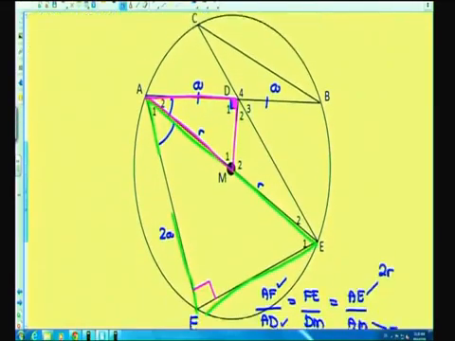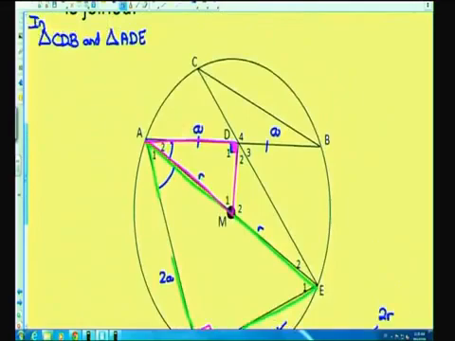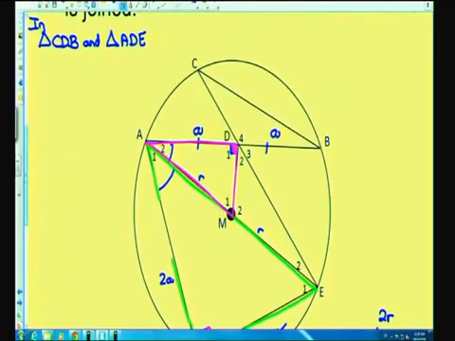So let's go and see if we need to highlight in any way. I think we probably do. So let's use some spotty highlights. CDE, CDB. CDB is this guy here. And ADE, ADE is this guy here. Let's make a different kind of marking on that. Okay, so we're trying to show that those two triangles are similar. Now remember what I've said to you, we can effectively cheat.